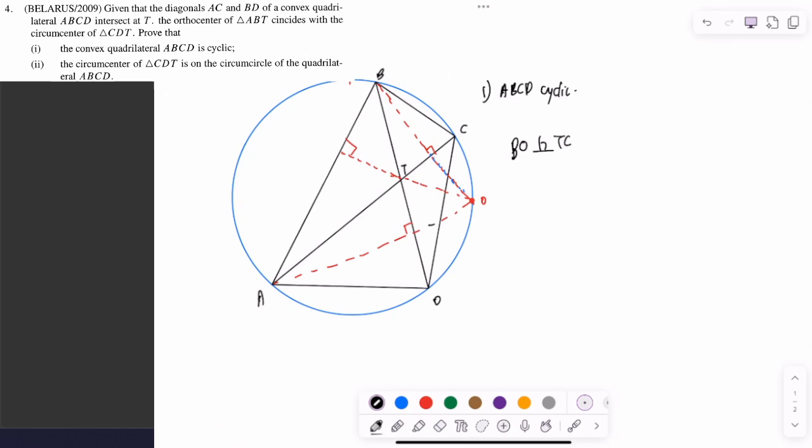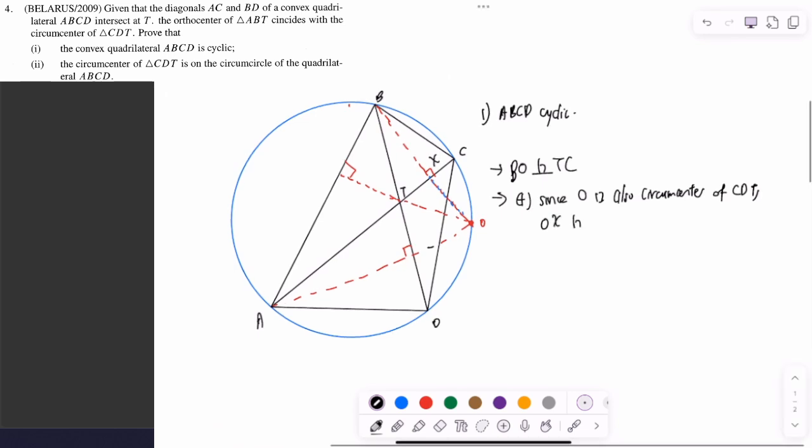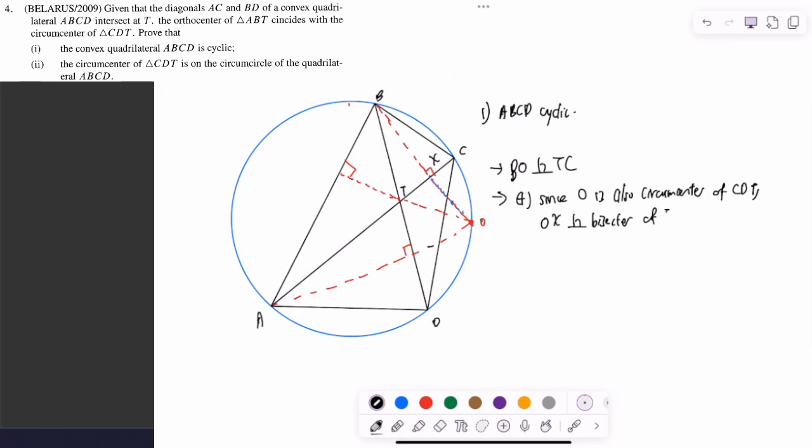This is the first point. Second point, since O is also the circumcenter of CDT, let's call this intersection point X. OX is the perpendicular bisector of TC.